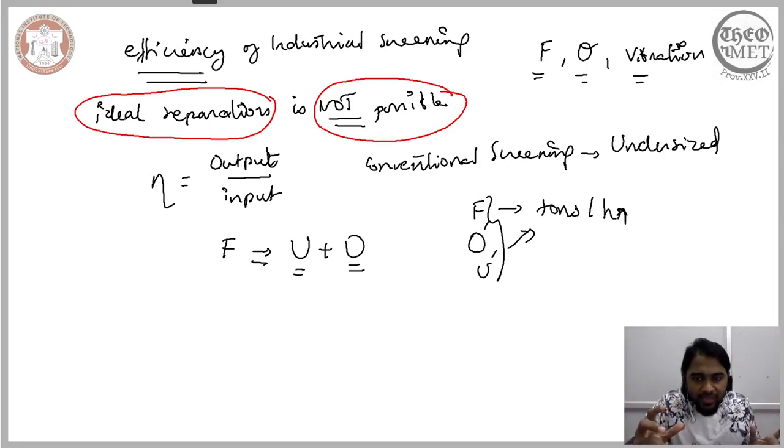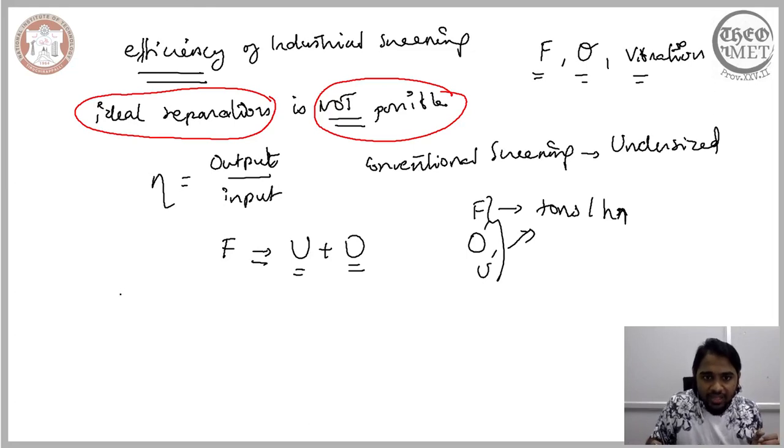So some portion of the undersized particles gets stuck with the oversized particles, because the overall screening process is a probabilistic one. In order to distinguish that, let us introduce fractions of the undersized particles.